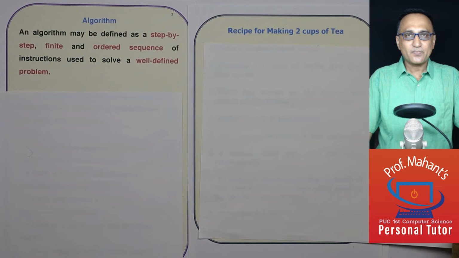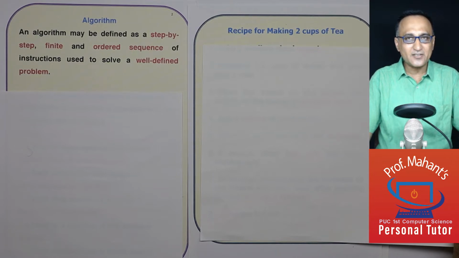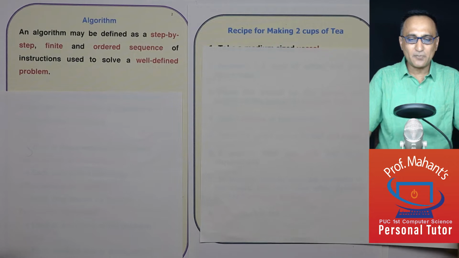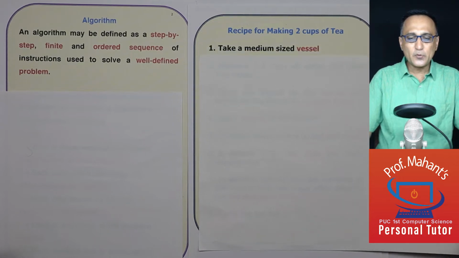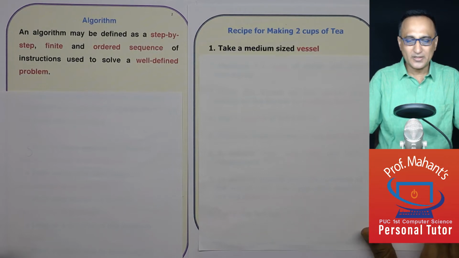Let us say you invite me to your house, or I invite you to my house, and I'm required to make 2 cups of tea so that we all enjoy having 2 cups of tea. So let us see the number of steps in order to make tea and serve it to both of us. The first instruction I say is, take a medium size vessel, which you can put water in.